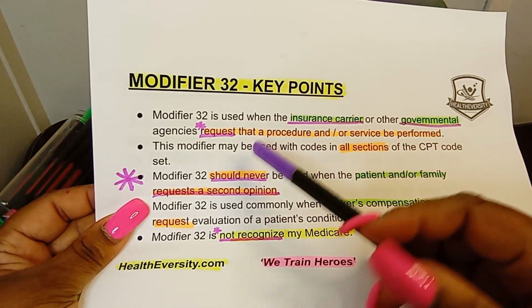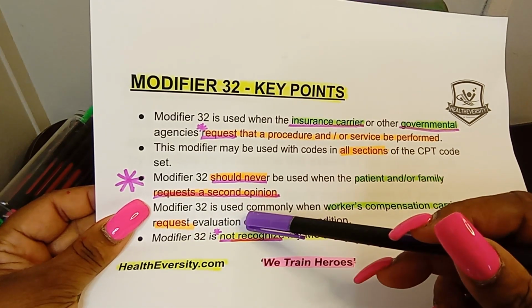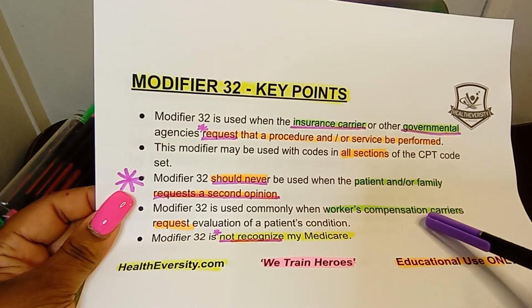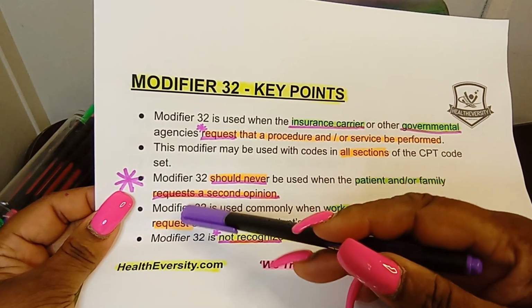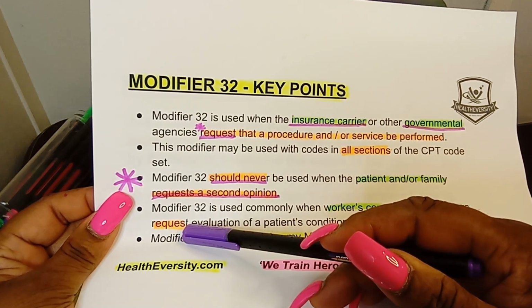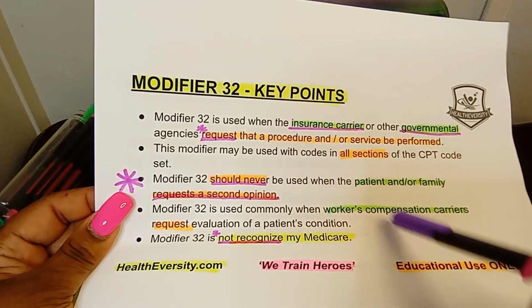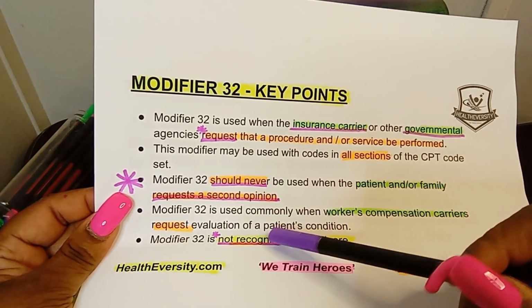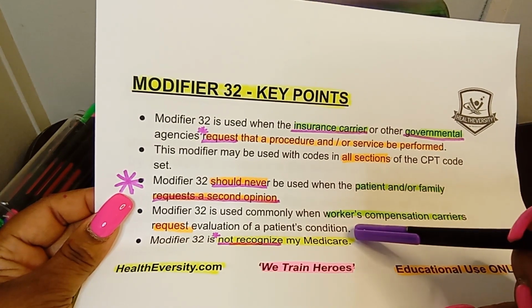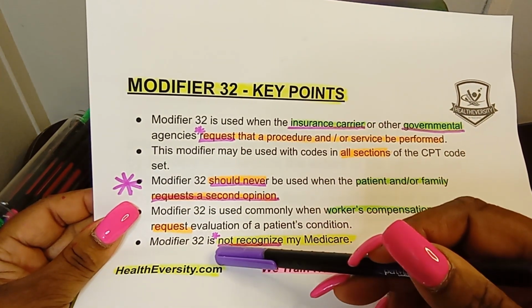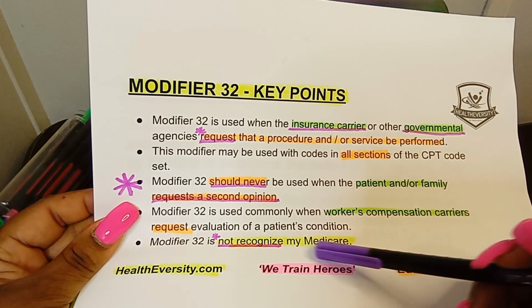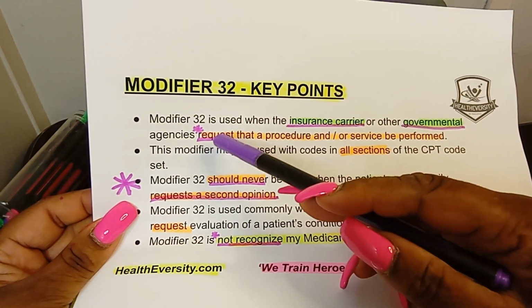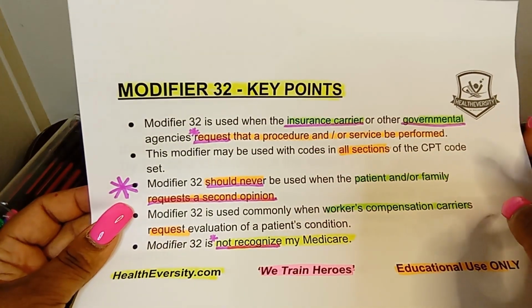Modifier 32 is commonly used when workers' compensation carriers request, see, it says a government agency, not the patient, an evaluation of a patient's condition. Modifier 32 is not recognized by Medicare. So make sure you know who requested that procedure.